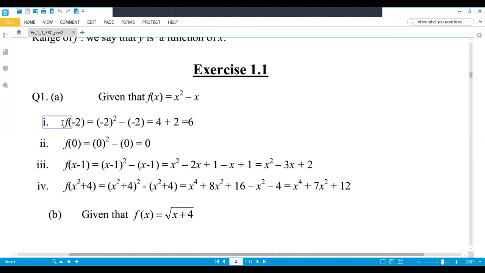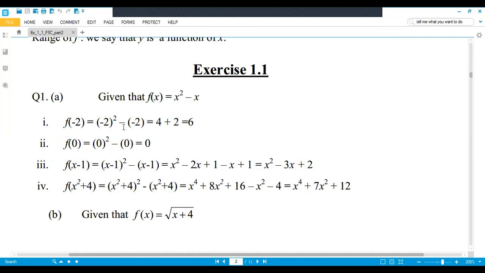So first, f of minus 2. It means that in the question, wherever x is given, you put minus 2. If I put minus 2 in place of x square, it will be minus 2 square.